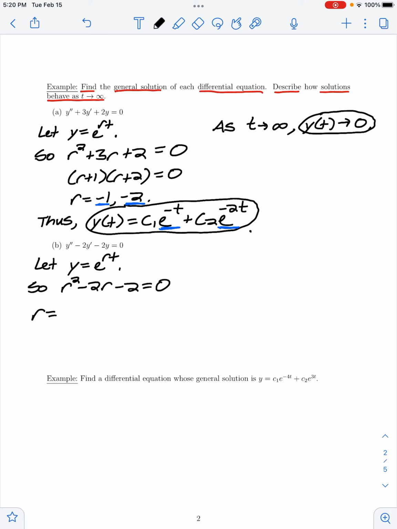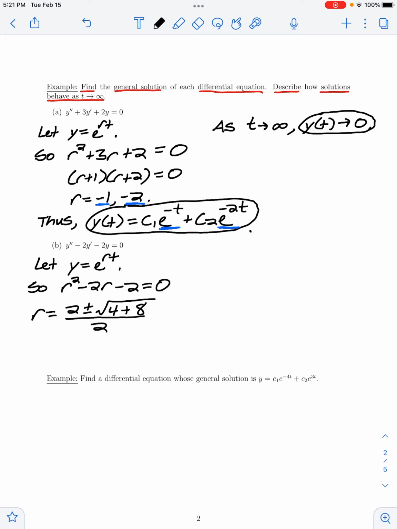So here our roots r could be found by taking positive 2 plus or minus the square root of -2 squared minus 4 times 1 times -2 gives me a positive 8 all over 2.